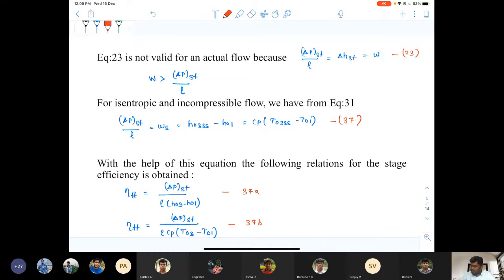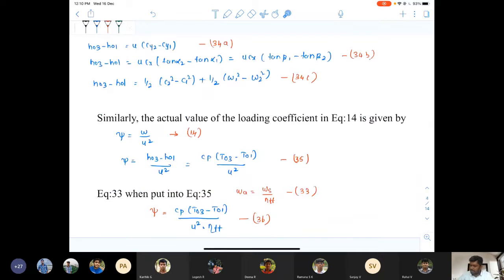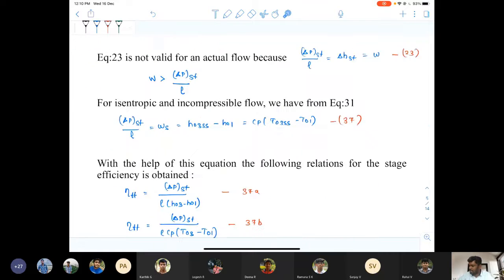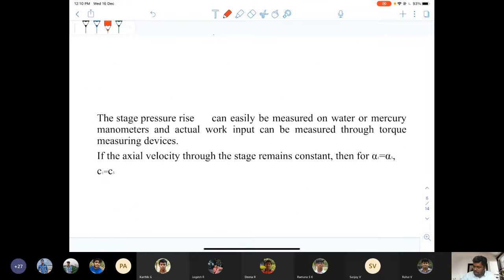And again, this can be written as H03 minus H01 equal to U into (Cy2 minus Cy1). You can use this equation, that is 34A, and write eta TT equal to delta P at the stage divided by rho U into (Cy2 minus Cy1).